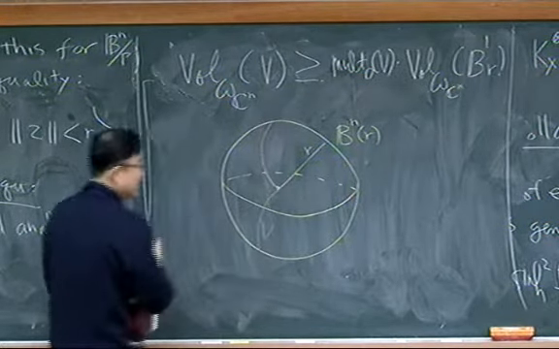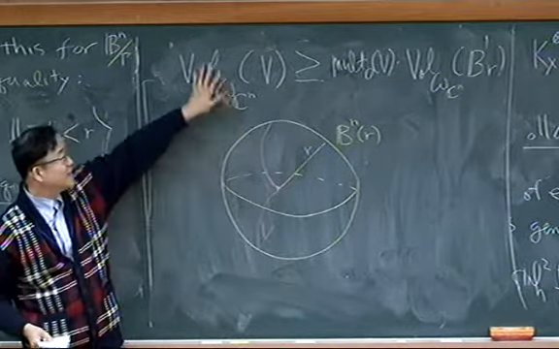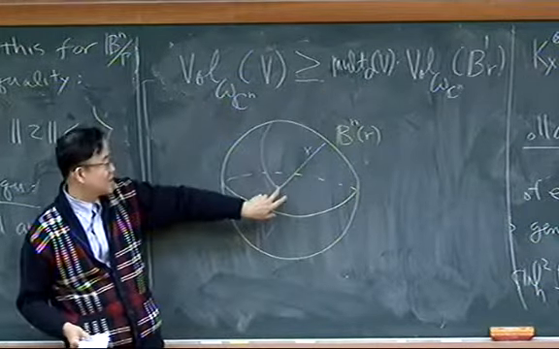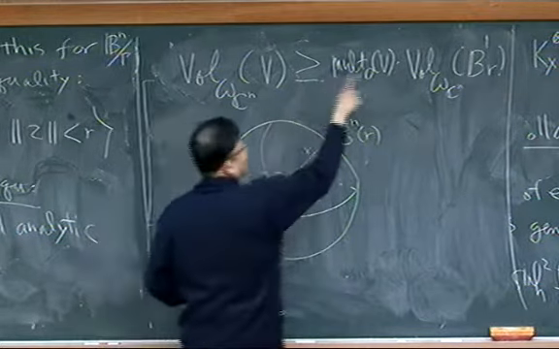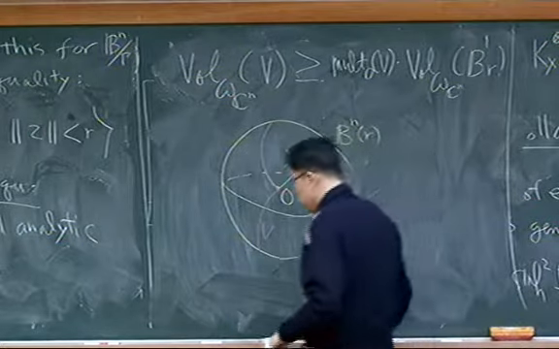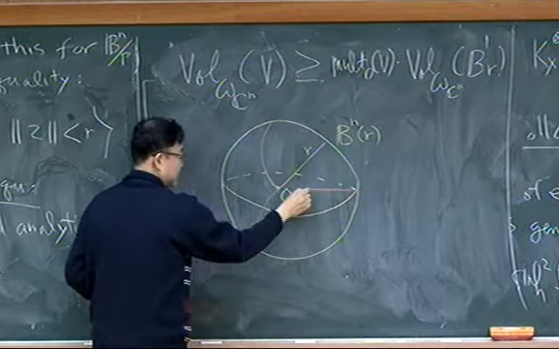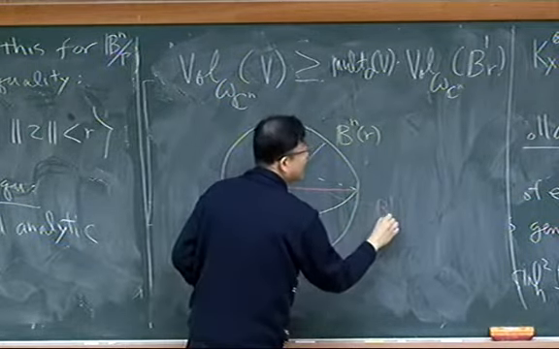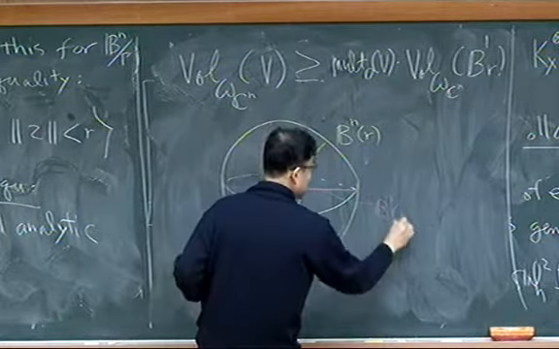This is V. And what it says is that the volume of this V is at least equal to the multiplicity of V, the singular multiplicity at the origin, times the volume of the one-dimensional disk. So the one-dimensional disk just means this one, B_1(R).